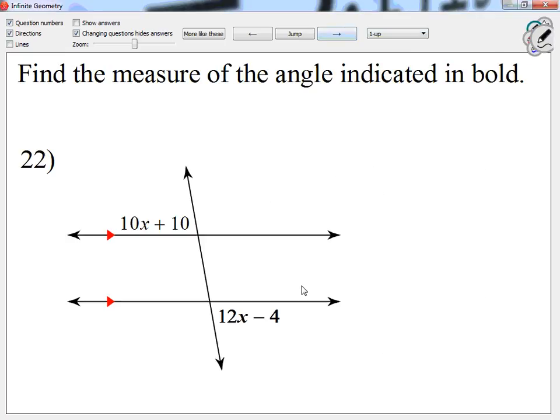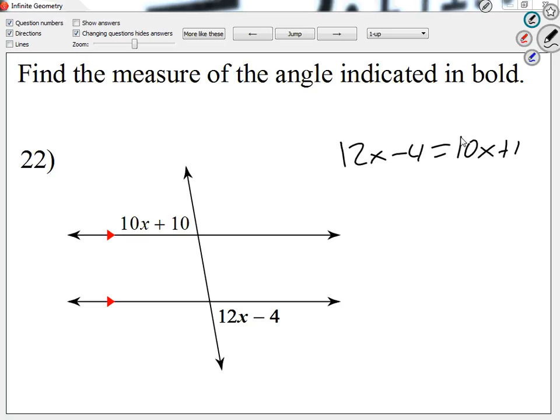I'm going to have 12x minus 4 equals 10x plus 10. So I have 12x minus 10x, 4 plus 10. Keep in mind, whatever moved from one side to the other, I switch the sign.